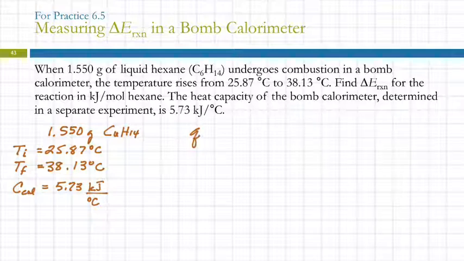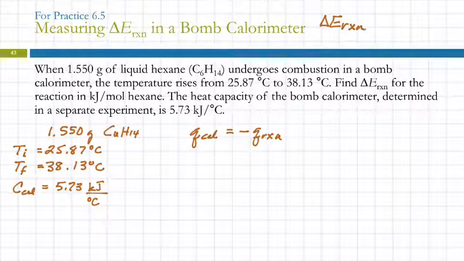So Q for the calorimeter is equal to negative Q for the reaction. And what we're trying to find, let me stick it up at the top, is delta E for the reaction. This is happening at constant volume in this bomb calorimeter. So at constant volume, the change in energy for the reaction is equal to Q. So the change in energy for the reaction is equal to Q reaction, which is negative Q cal.